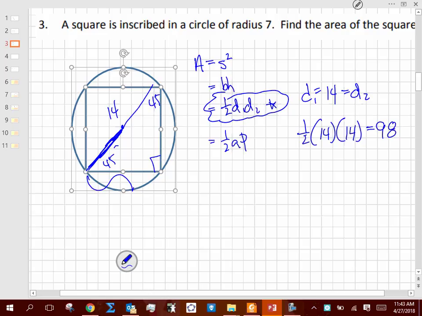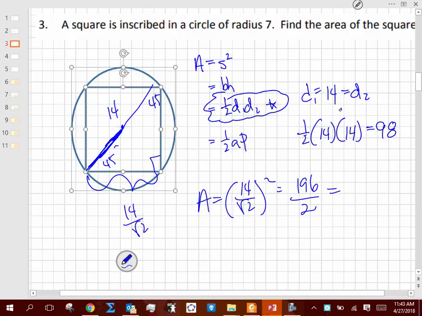So does that make that side of my square 14 over radical 2? Divide by radical 2 to get my side lengths. If I take 14 divided by radical 2 as my side length, I say area is equal to 14 divided by radical 2, squared. So that gives me 196 over 2, which is the same thing. Okay.